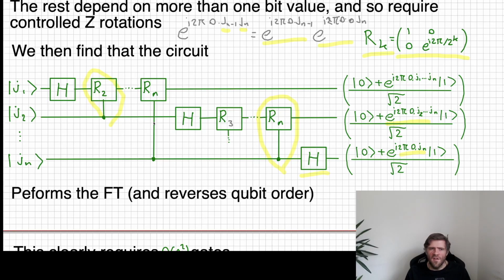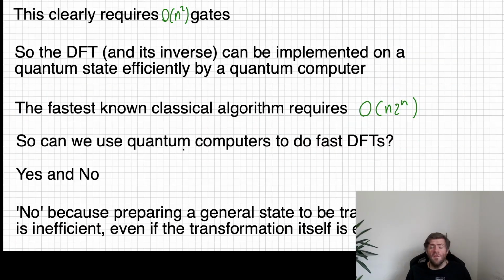You have to use controlled rotations to engineer these phases that you know you need to have from the definition of the Fourier transform. So what is the complexity of this? How many gates do we need to apply in order to get this effect? Well, for the qubits that require dependence on all of the original qubits, all of the original bit values, you will need to do controlled nots with all of the bits.